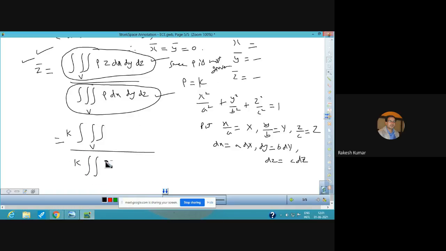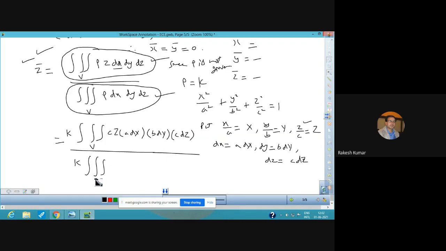Similarly, in the numerator, the value of small z is from the third equation, that is c capital Z. dx is a capital dX, dy is b capital dY, and dz is c capital dZ.